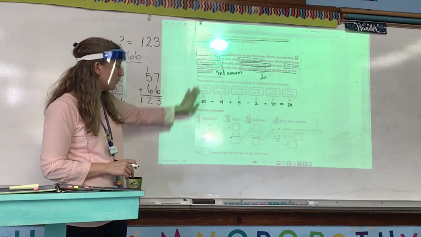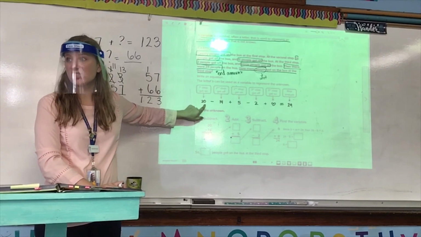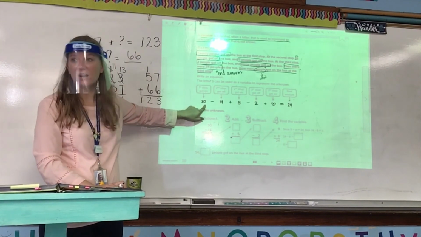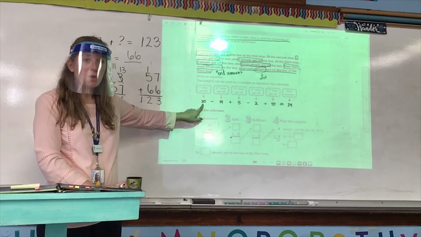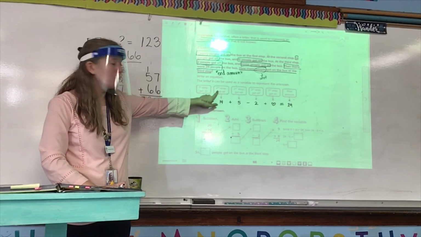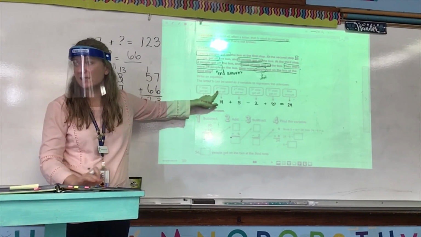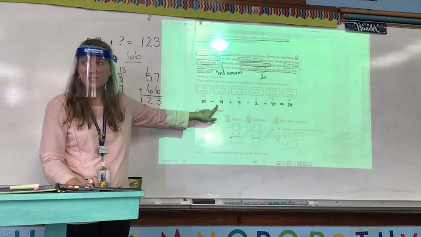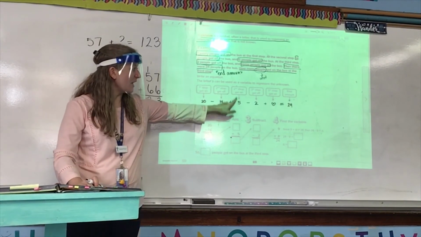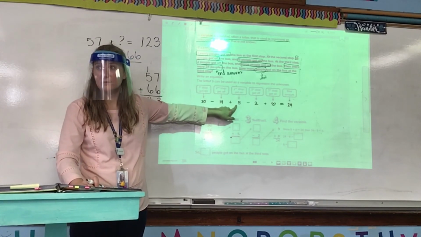Again, we wrote our equation. We started with 20 because that's how many got on at the first stop. Before that, there were none. Then we subtracted 14 because that's how many got off at the second stop. Please make sure you're paying attention. Then we add 5 because at the second stop, 5 people got on.